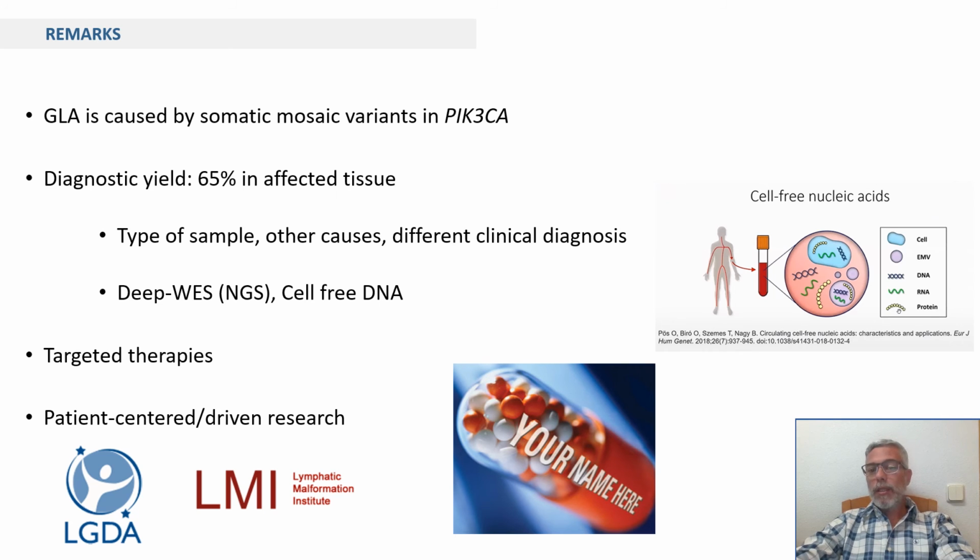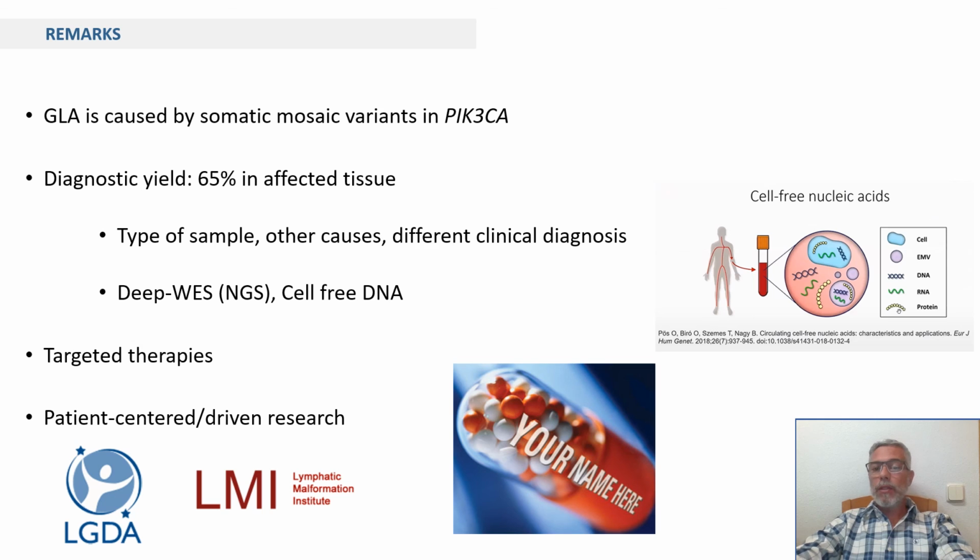Happily, the ability to detect low mosaics by NGS and to obtain DNA from affected cells, where that DNA is circulating in the blood or within the lymphatic malformation itself, is improving day to day. Thus, that will help us avoid using invasive methods.